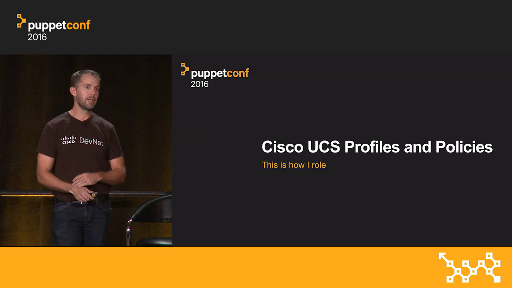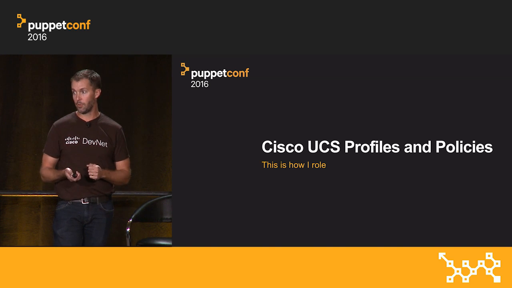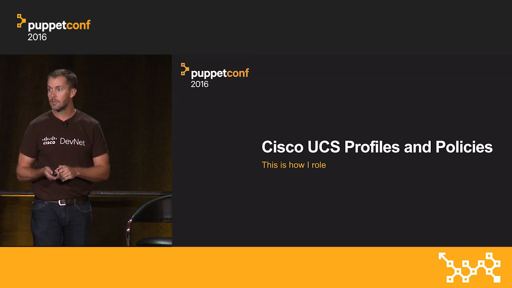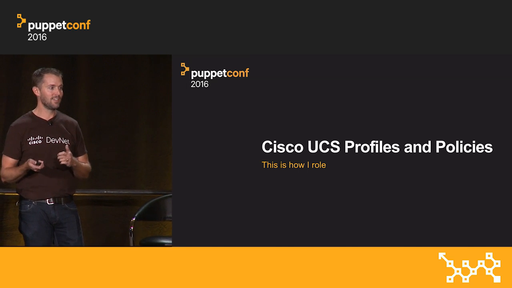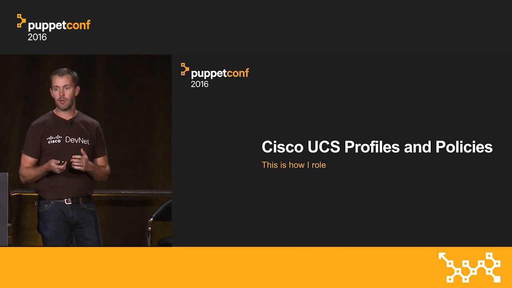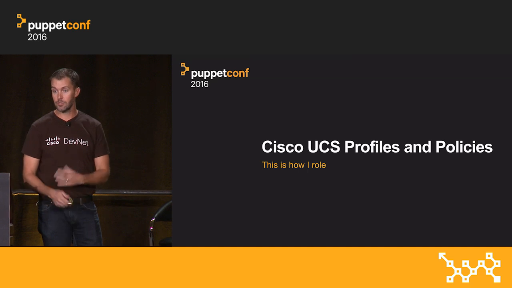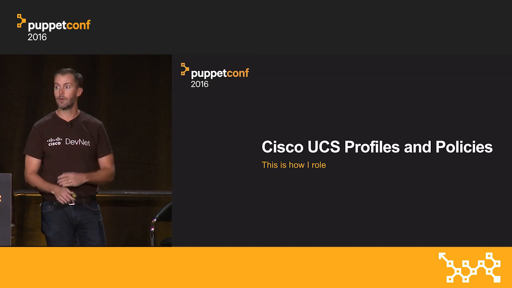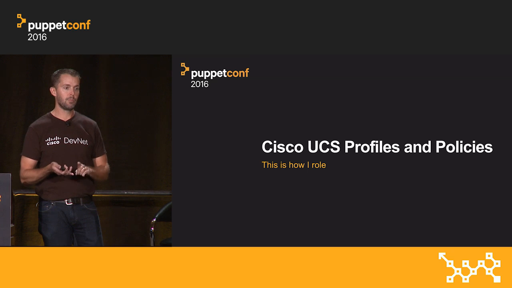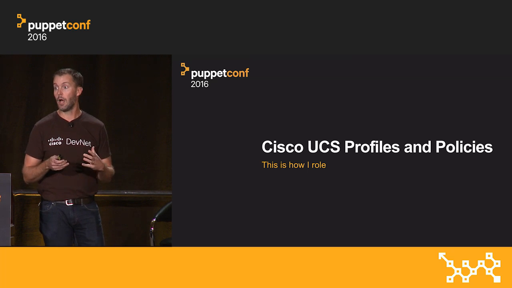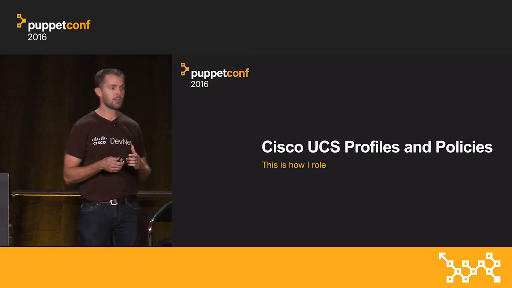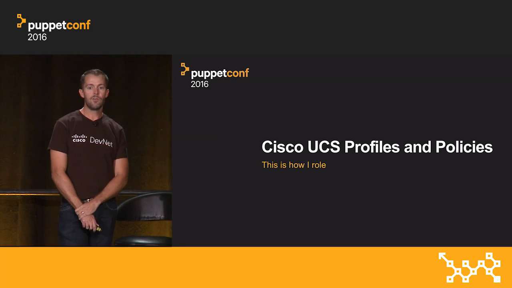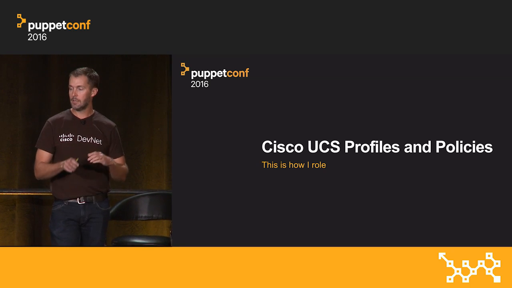But with UCS, so how many folks are familiar with HyperFlex? So probably good. To give a little background on HyperFlex, that's the Cisco hyper-converged offering that bundles compute, storage, and networking into an appliance. And the key with it, it's the gold standard for Cisco automation.